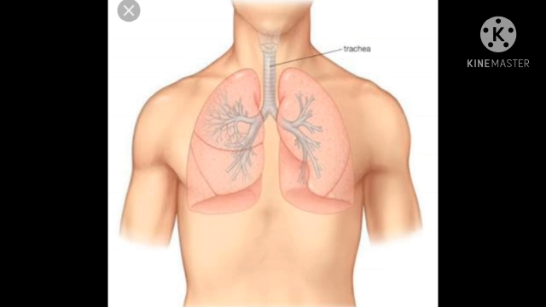Now, the next part is the trachea. The trachea is the airway through which respiratory air travels into the bronchi. Rings of cartilage in its walls keep the trachea open, and cartilage, also known as soft bone, protects your trachea from any kind of damage.